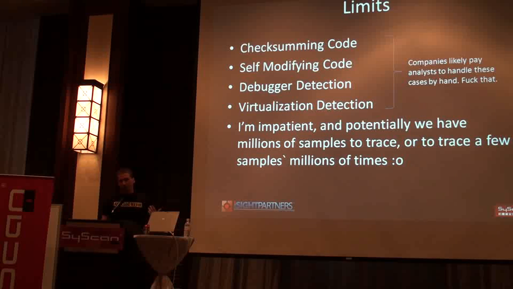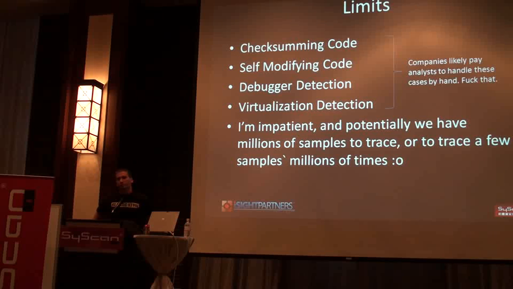So if you mess up the stack in some way, the code will just crash. Debugger detection, there's a lot of papers out there, I'm sure you guys have read, on how you detect if a debugger is attached. On Windows, it's really easy. Virtualization detection, there's a lot of easy ways to detect if you're executing in an emulated or virtualized environment. And companies likely pay analysts to handle these specific cases by hand, and I don't have time to do that.